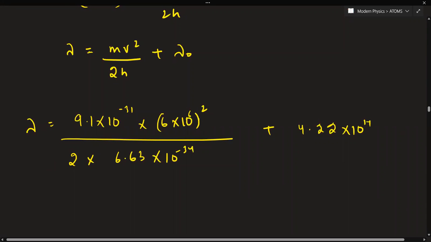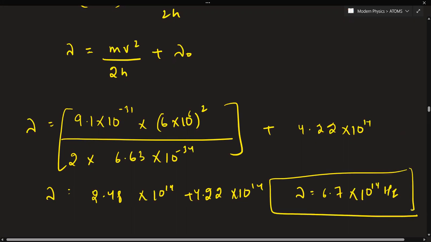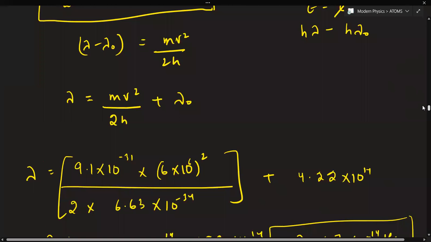Once you solve this portion, it will be 2.48 into 10 to the power 14, plus 4.22 into 10 to the power 14. So your final frequency will be 6.7 into 10 to the power 14 hertz. Clear how to use this? All right, so just note it down.